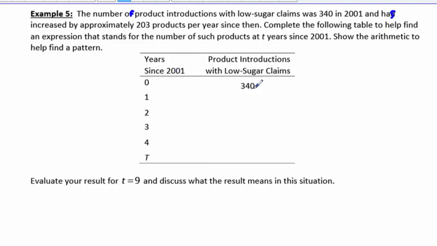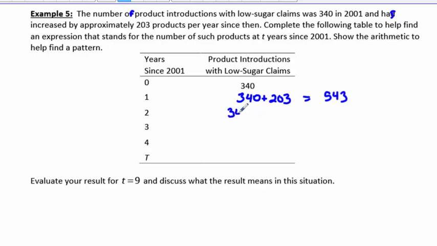Each year, it's going to increase by 203. So in the next year, we'll have 340 plus 203, or 543. All right, in the second year, we're going to increase by another 203.